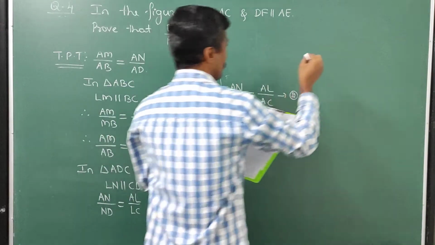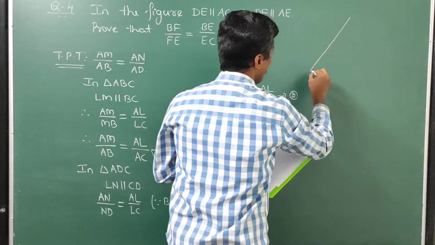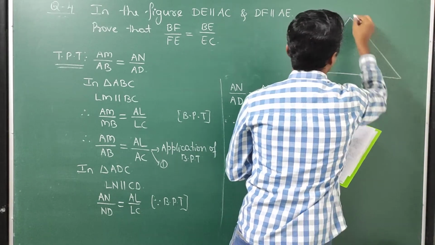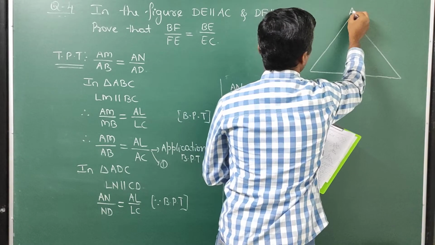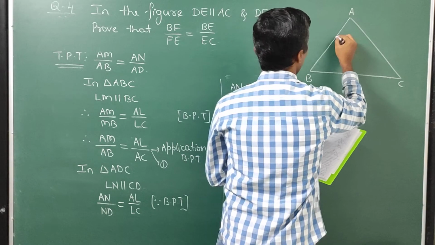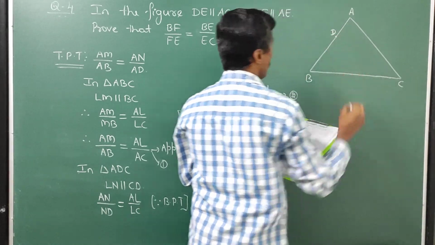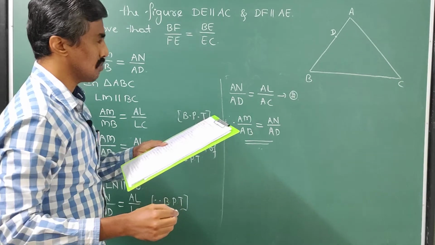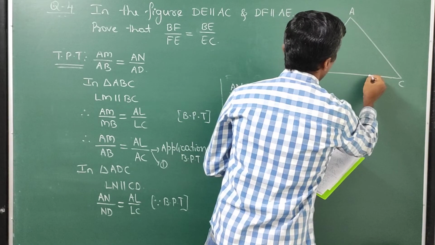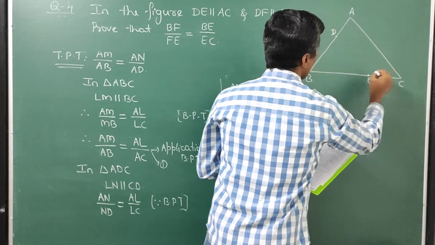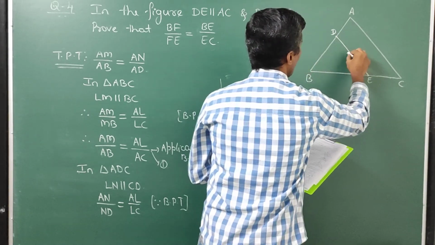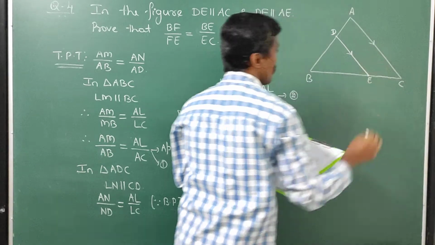So the figure is like this. ABC is a triangle, and D is a point on AB. Then DE is parallel to AC, so I will mark point E. If we join DE, that line is parallel to AC.